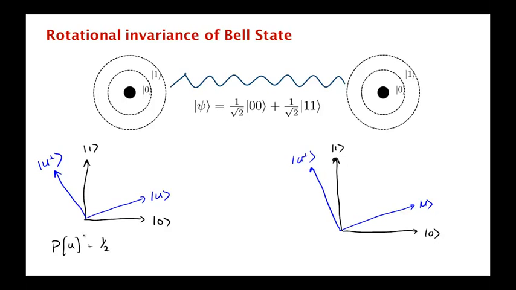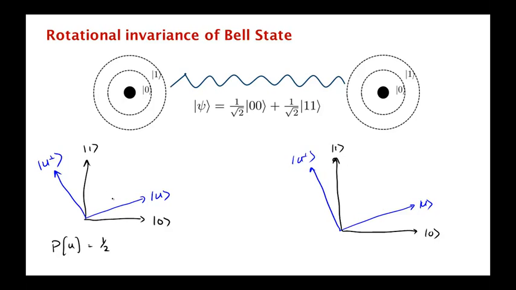But if we see the first outcome is u, then when we make a measurement on the second qubit, we'll also see u with probability 1. So in other words, we'll always see matching outcomes in the two cases, even though if we look at any one case, it's 50-50 whether we get u or u perp.